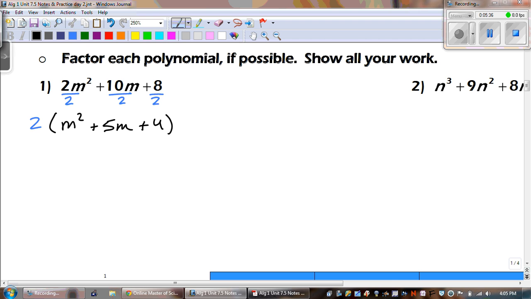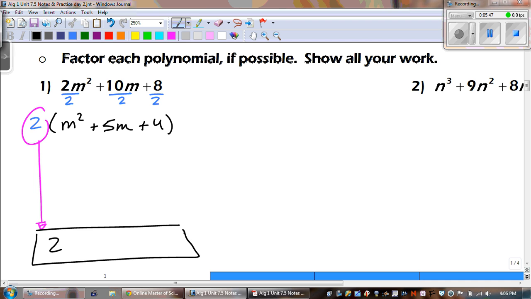Now in our example before, we wrote our GCF each time. What I'm going to do this time is draw an arrow all the way to the bottom and put it in my answer. That way I don't forget about it, because I tend to forget things every now and then.